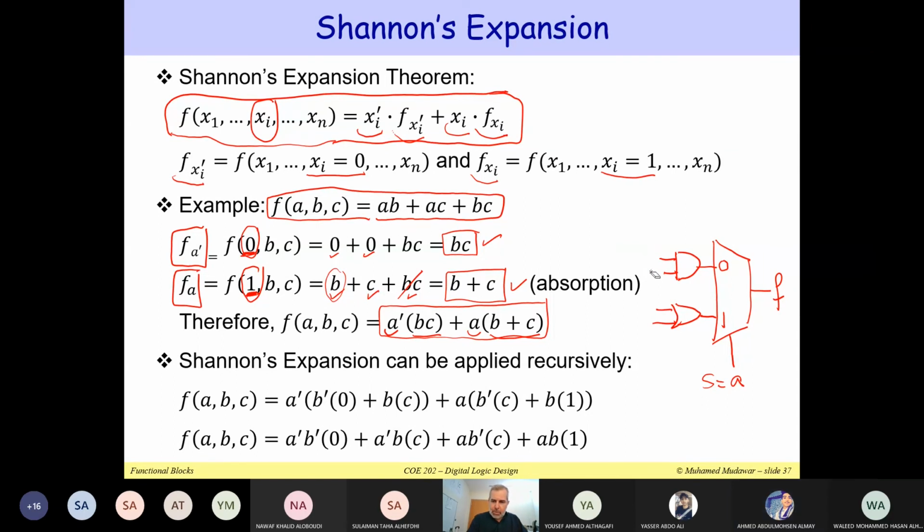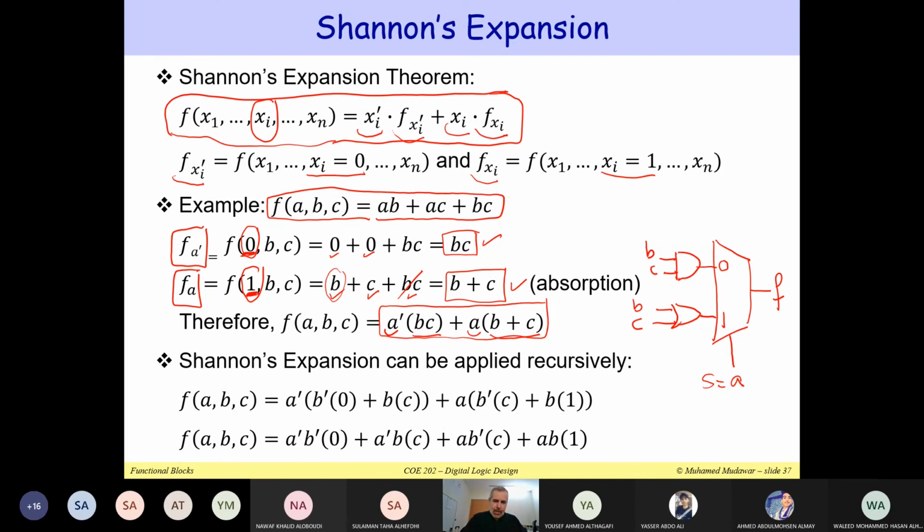So I need to clean this up and write here b and c. When a is equal to 0, you get b and c, and when a is equal to 1, you get b or c. So we implemented this using a 2x1 multiplexer, an AND gate, and an OR gate.